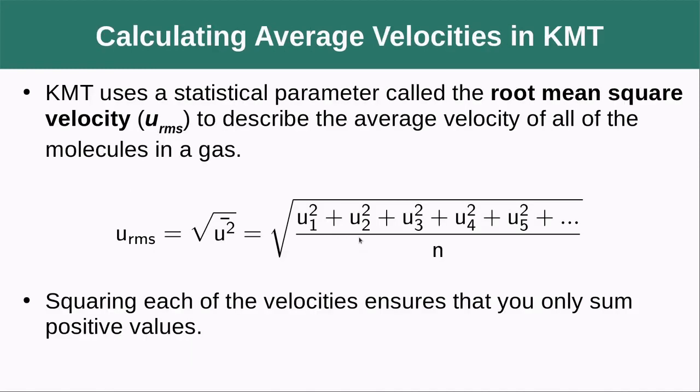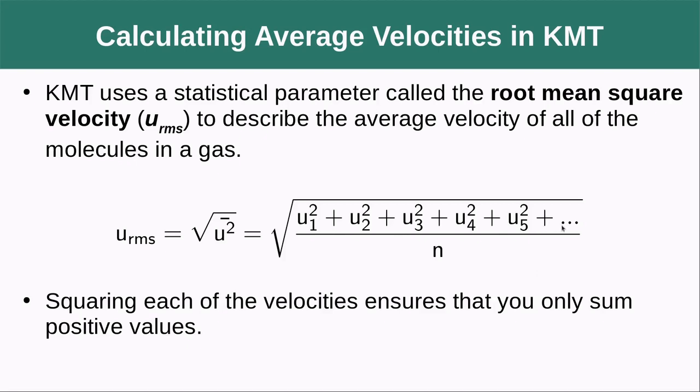So KMT uses a statistical parameter called the root mean square velocity, URMS, to describe the average velocity of all the molecules in the gas. The way that we are going to calculate URMS is as the square root of each individual velocity squared, all the way till we've added up all of them, and then we divide by the number of them, and take the square root of that.